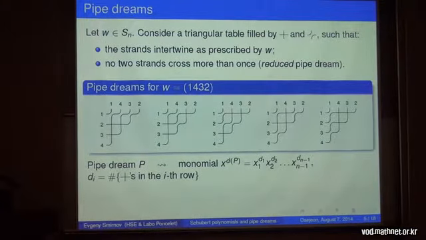Namely, to get a monomial, I count the number of crosses in each row, and I let the number of crosses in the first row be equal to d1, and the second row to d2, etc. And then, having such a tuple of integers, I consider the monomial x1 to the power d1, x2 to the d2, etc., x_{n-1} to the d_{n-1}, and you see that xn always has multiplicity 0, because I'm not allowed to have any crosses in the last line, because my pipeline will not be closed.